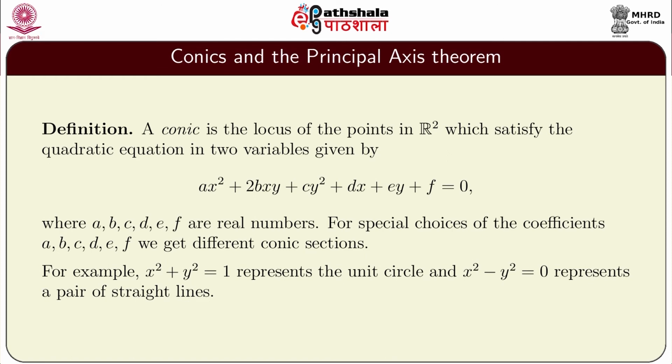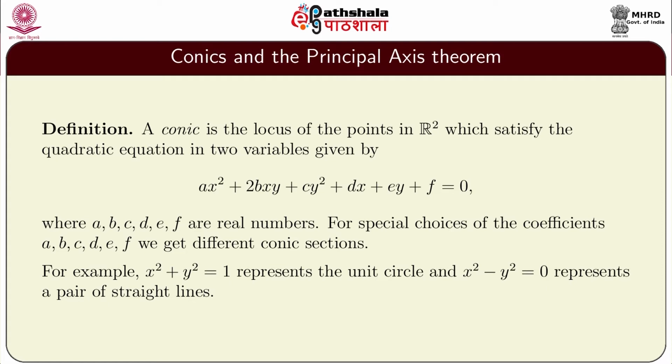Now we define a conic, which we have seen before in elementary geometry, and we will see that the language of quadratic forms helps us formulate the problems, especially the classification problem for conics.